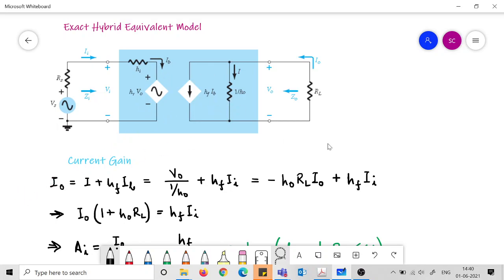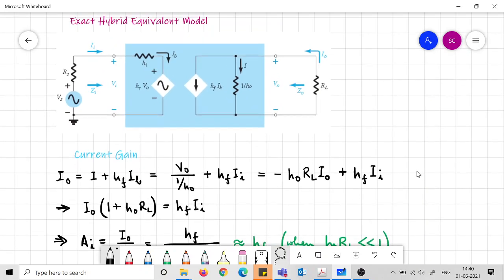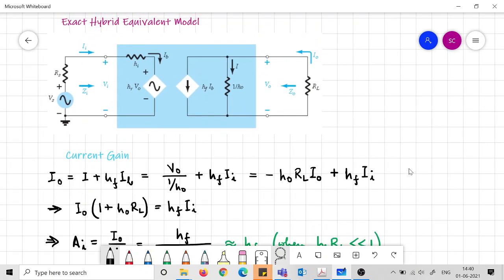Now the first thing that would be easy to calculate here is the current gain. Actually we go for the current gain. So what we see is IO. Observe that IO, there is some problem in making this whiteboard move around.